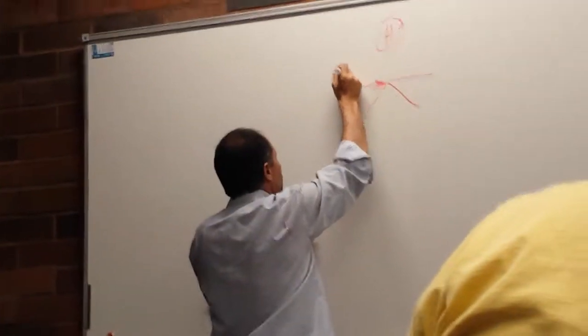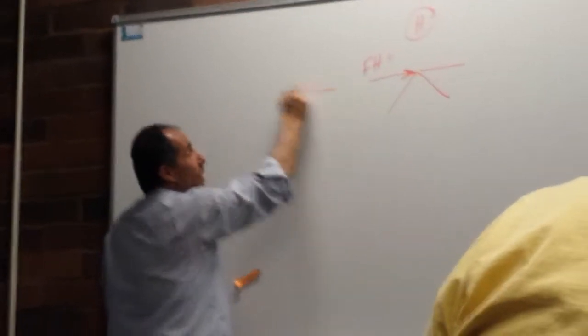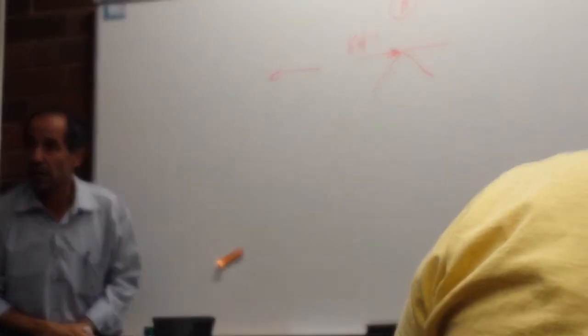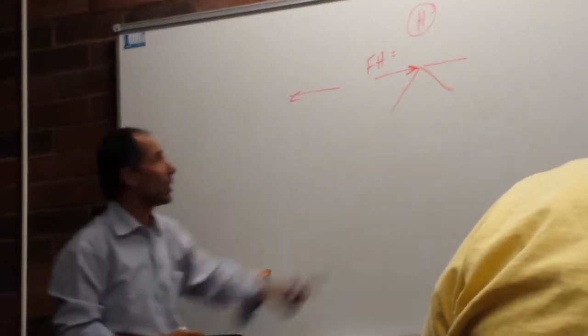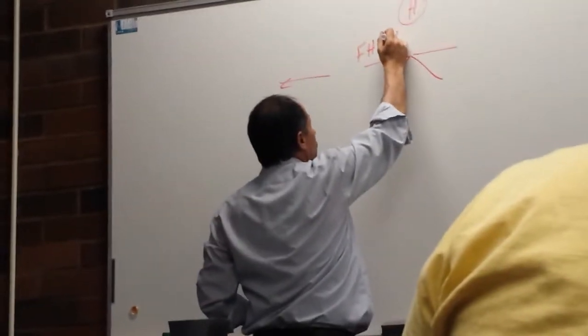FH. FH is this way, comes to here and this way. So this is FH. What was the value for FH? Because from the section FH, we got it like this. Agree? So now I put it in the opposite direction. What's the value? 281.